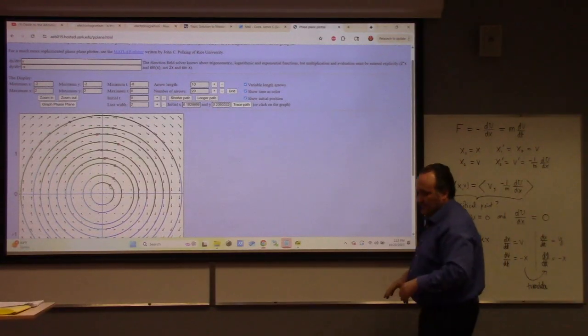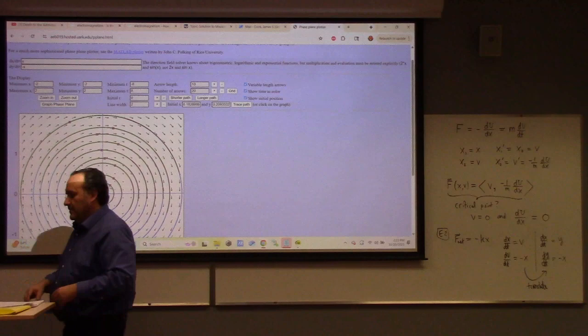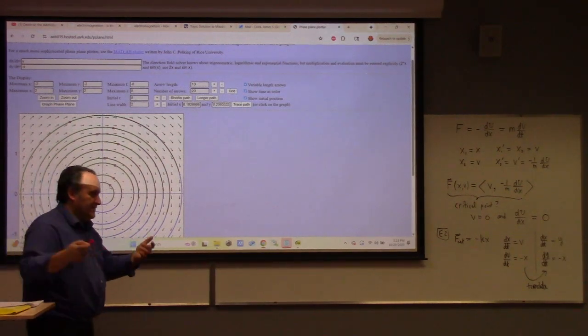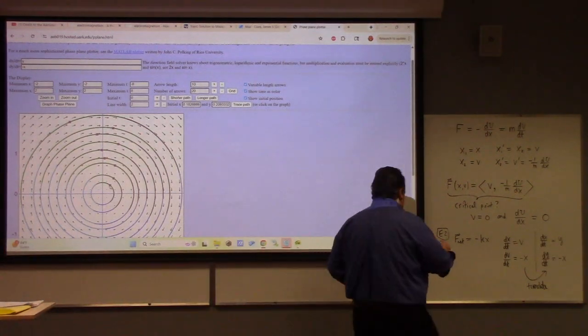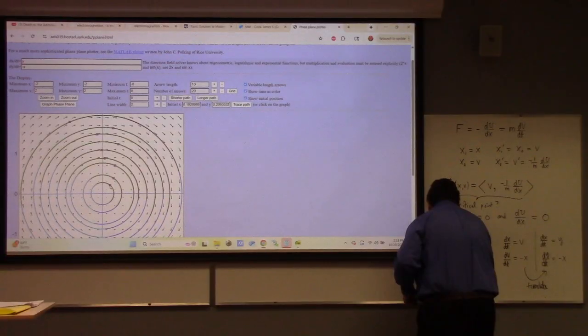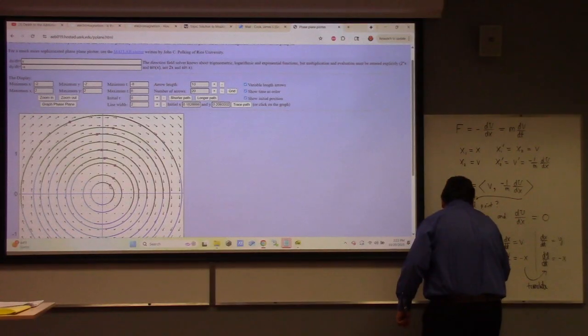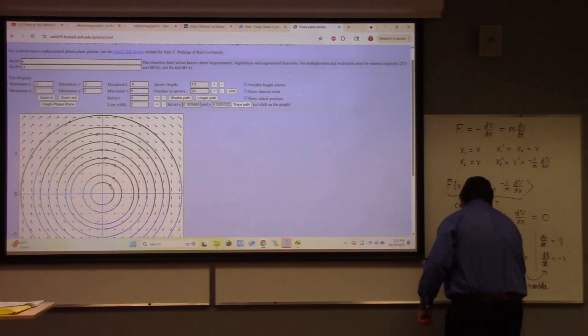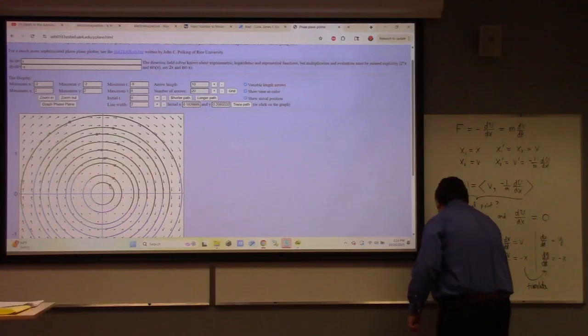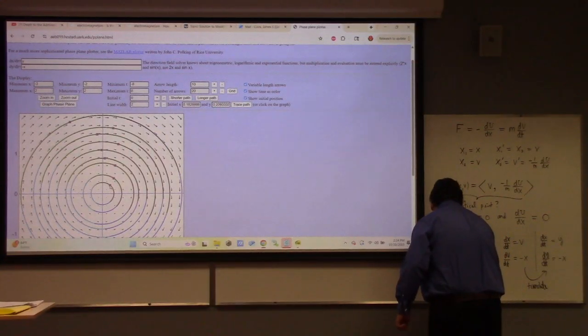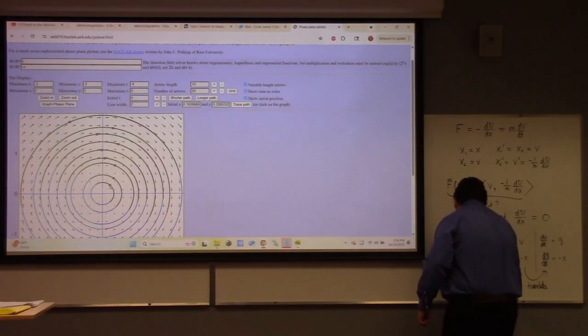If I look at mechanical energy for this problem, it's E equal to basically just 1/2 mv squared plus 1/2 kx squared, right? That's the potential energy here. In other words, we just get v squared plus x squared equals a constant.